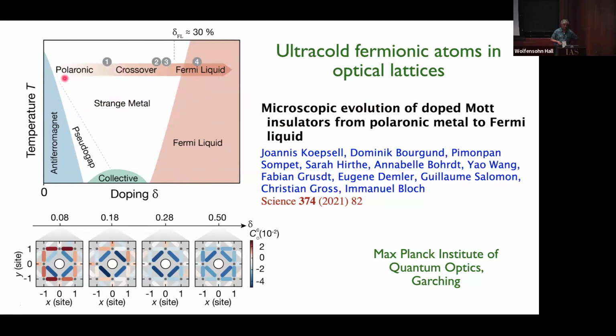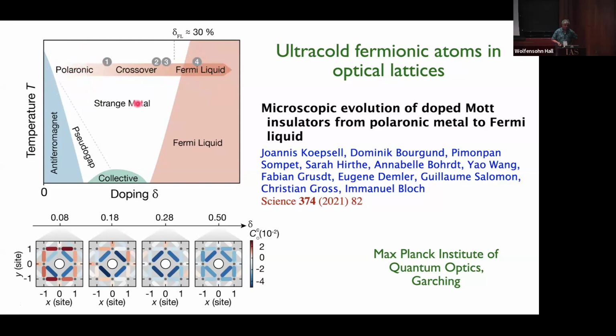So at these higher temperatures, they see what looks like some kind of phase transition in two metals. At high doping, you have a Fermi liquid. At low doping, they have what they call a polaronic metal. In their language, the polaron is just a bound state of a spinon and a holon, and there's a finite density of them.